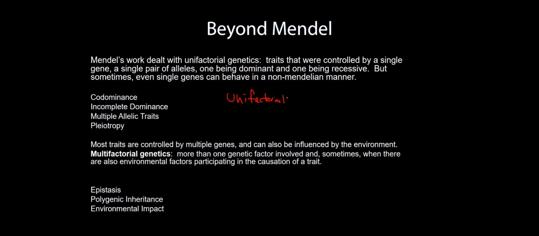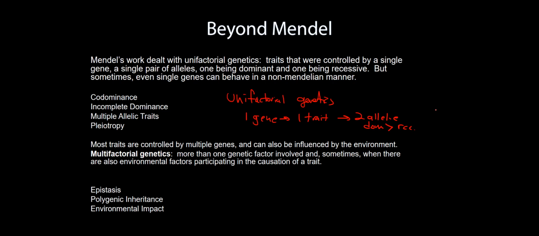That's what we've talked about up to this point. One gene controls one trait, and that one gene has two alleles where one of those alleles is dominant over the other, which is recessive, right? Okay, so those are the basics.